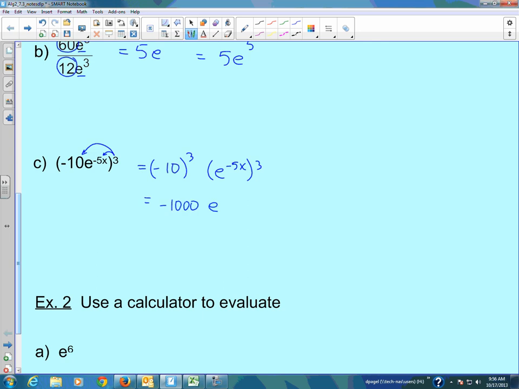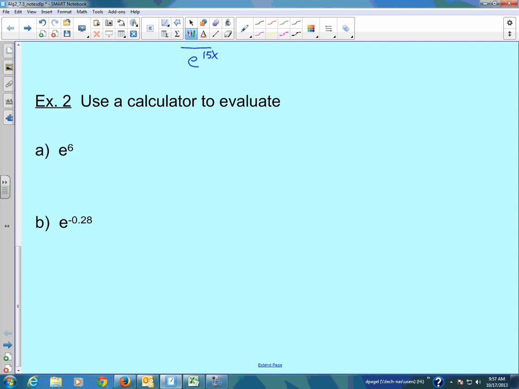And this becomes e to the negative 15x. And then we want to write positive exponents. So we just move that e to the negative 15x into the denominator. Negative 1,000 over e to the 15x power. So those are some reviews of some of our simple exponential properties.